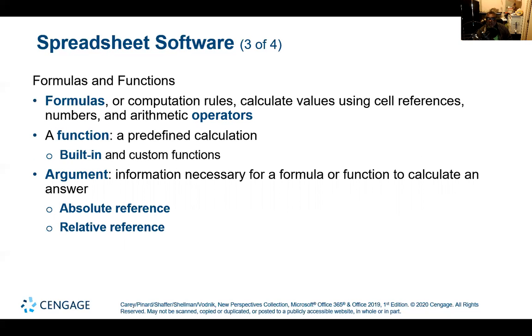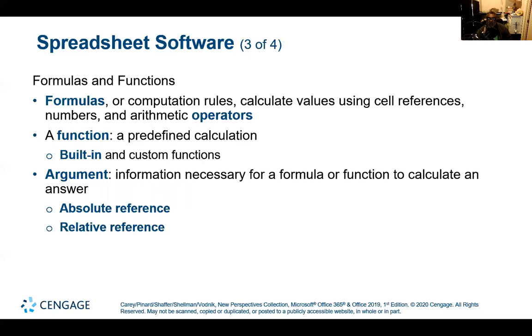Some of the formulas and functions that exist within Excel are formulas, or computation rules, that calculate values using cell reference numbers and arithmetic operators. A function is a predefined calculation. Built-in and custom functions can also be created. An argument is the information necessary for a formula or a function to calculate an answer, and you have absolute reference and relative reference.